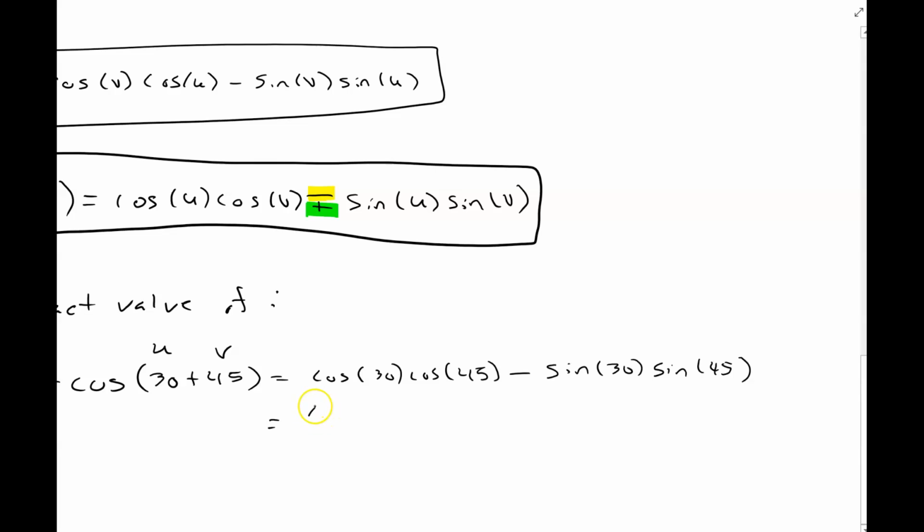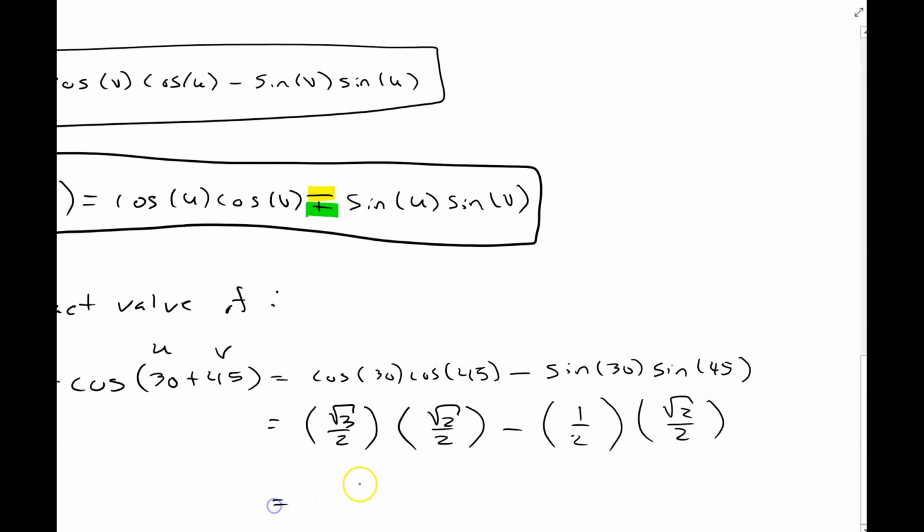Cosine of 30 degrees is square root 3 over 2. Cosine of 45 is square root 2 over 2. Sine of 30 is 1/2. And sine of 45 is square root 2 over 2. So when I multiply these together, I get square root 6 over 4 minus square root 2 over 4. So I can write that as the single fraction square root 6 minus square root 2 all over 4.